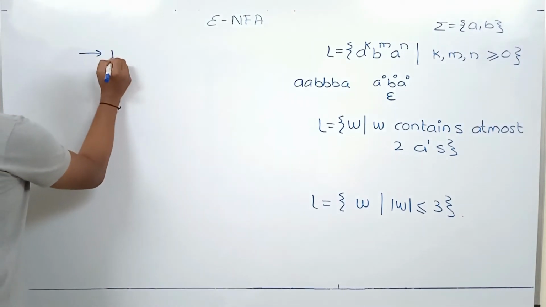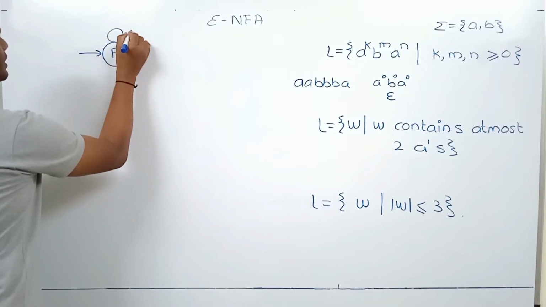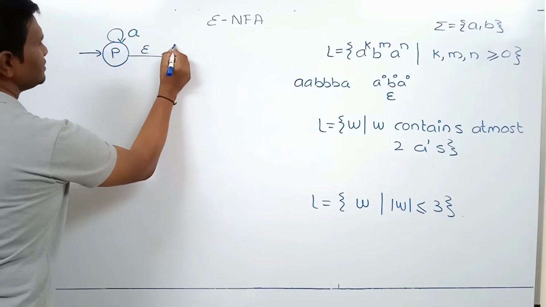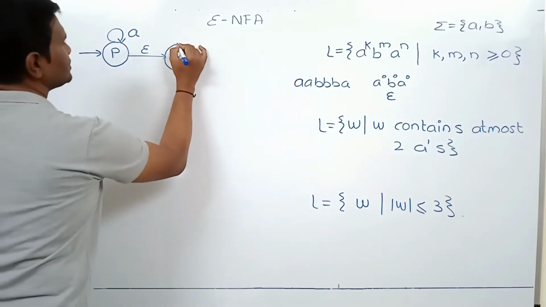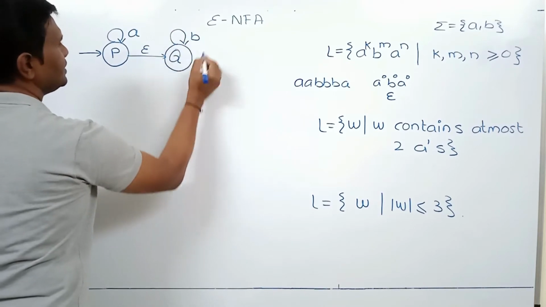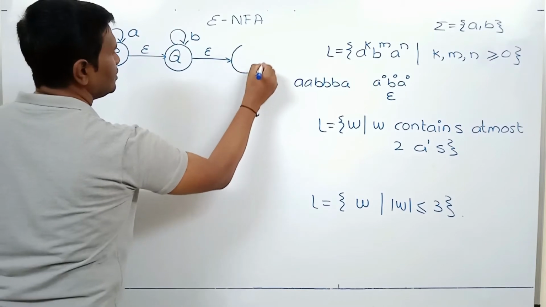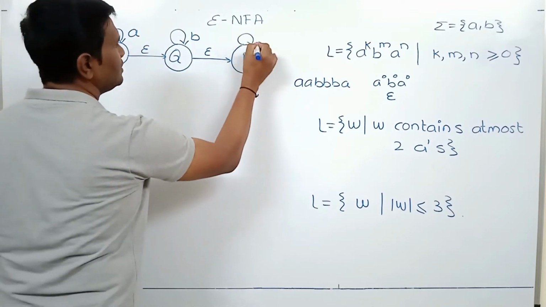Consider initial state P. Here we add a loop for a. Then we take an epsilon transition, go to state Q. Here we process b. And again we take an epsilon transition, go to state R. And here we again add a loop for a.